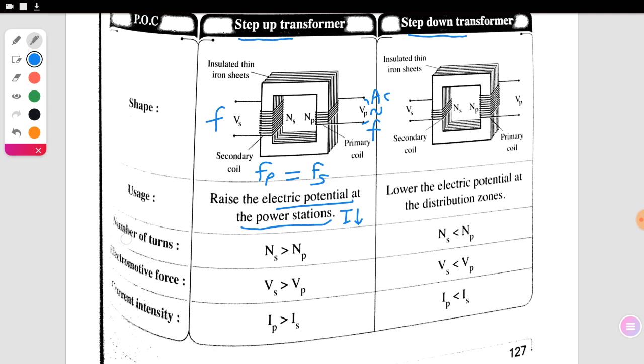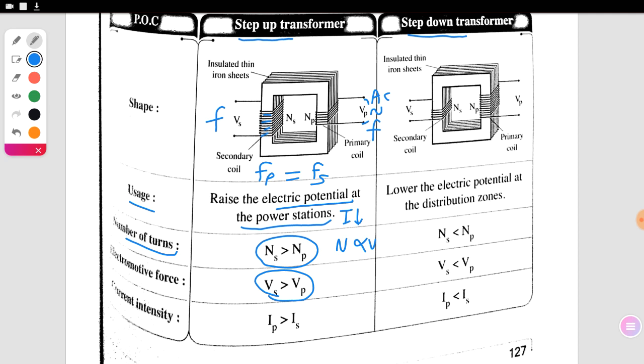The number of turns in the primary coil is less than the number of turns of the secondary coil. This means that the number of turns of the secondary coil is greater than that of the primary coil. The number of turns is directly proportional to the potential difference. This means that V of secondary is greater than the potential difference of the primary coil, like the number of turns, because both of them are directly proportional.